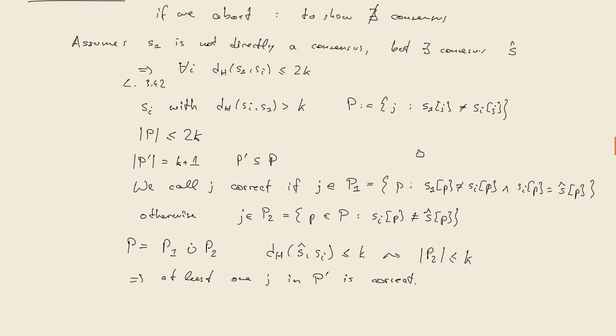Okay, we pick k plus 1 positions from P, and there's in total at most 2k, and at most k of these are bad, so there must always be one that we pick from P1. So P prime intersected with P1 is never empty. And now we essentially iterate this argument.